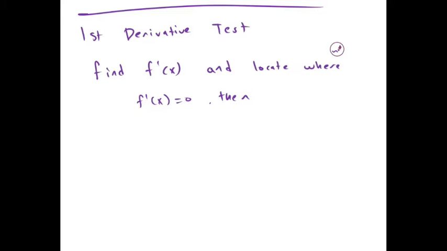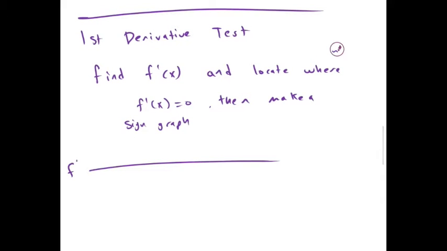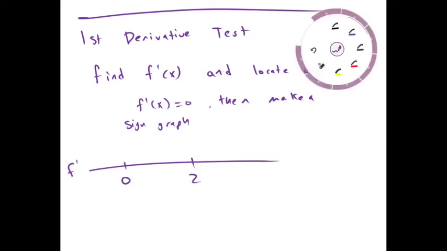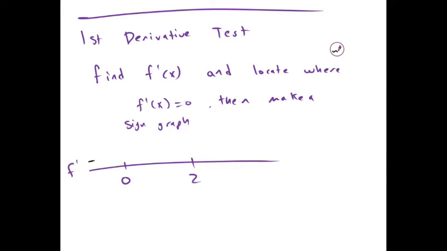Then we make a sign graph. For example, we have f prime of x, and we know it equals 0 at 0 and 2. Then we check the signs of f prime, and you see that it's positive, negative, and then positive.